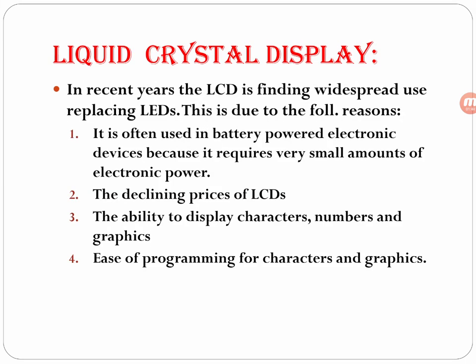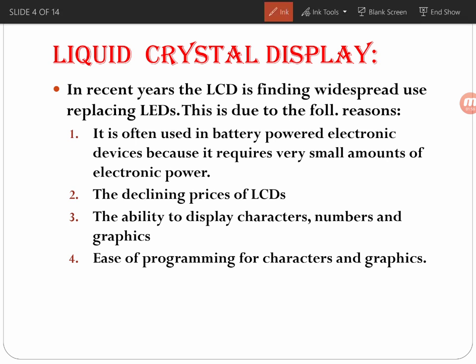Then we will try to understand the reason why the LCDs are replacing the LEDs. One very important reason is that it requires very low power. As it requires very low power, it can be used in battery powered electronic devices. Most of your embedded systems are battery powered. And then because of the low prices of LCDs.